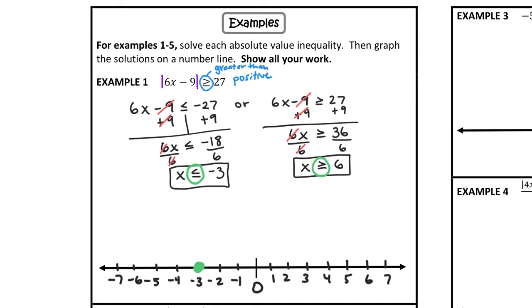And then less than -3, so I'm going to shade everything less than, putting an arrow that way. Okay, and then the other number is at +6. It's a closed circle because of the equal to, and I'm going to shade everything greater than with an arrow. Okay, so that's my solution there.